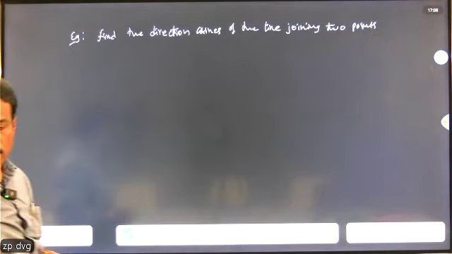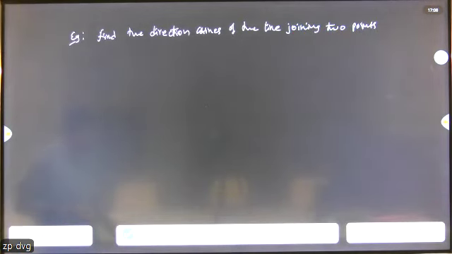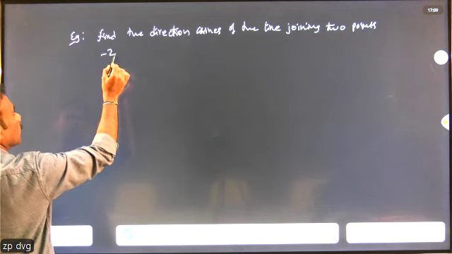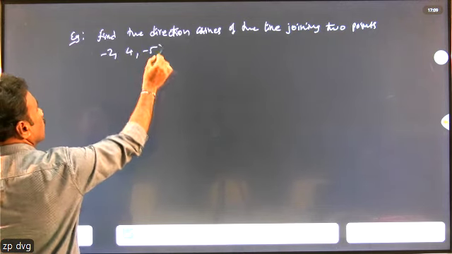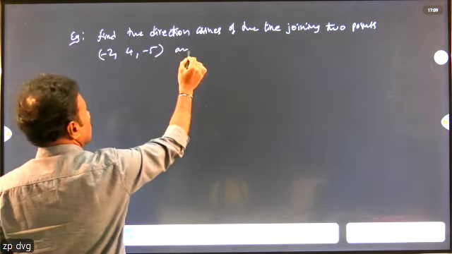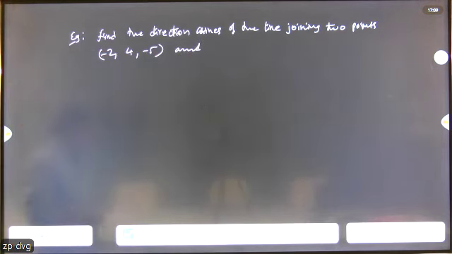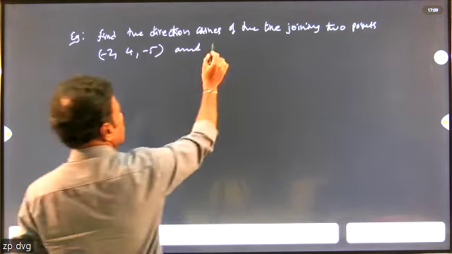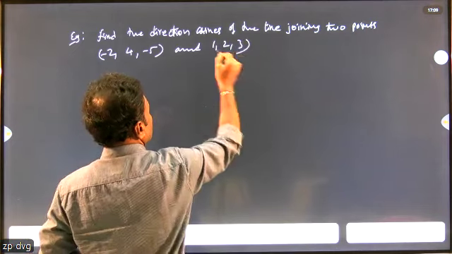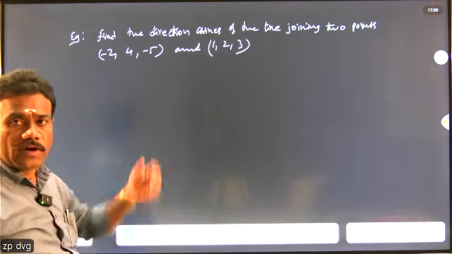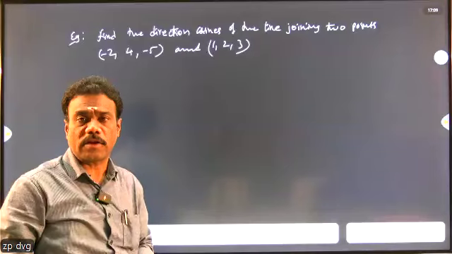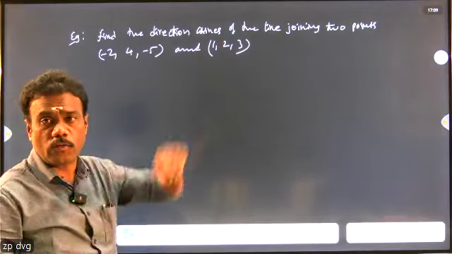The points are minus 2, 4, minus 5, and 1, 2, 3. So here 2 points are given. We have to find the direction ratios and direction cosines of the line joining these 2 points.